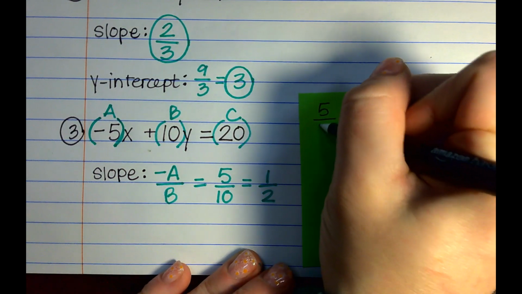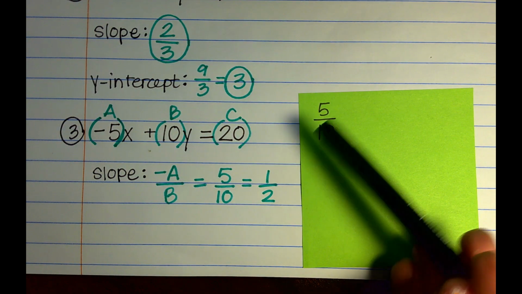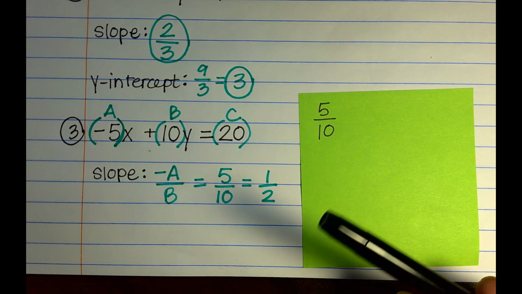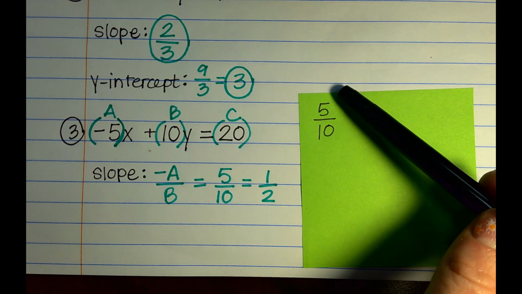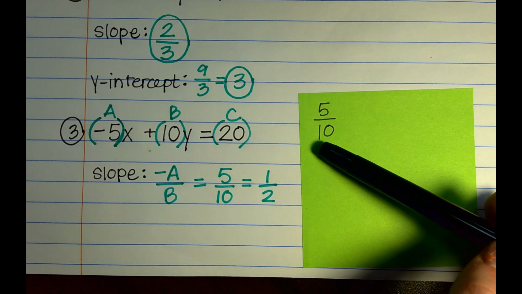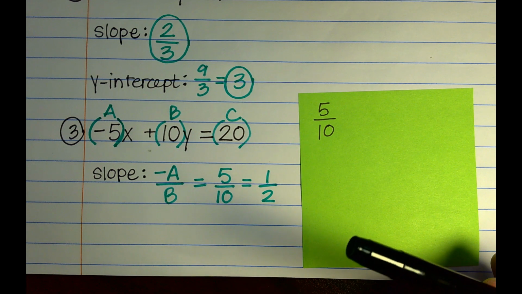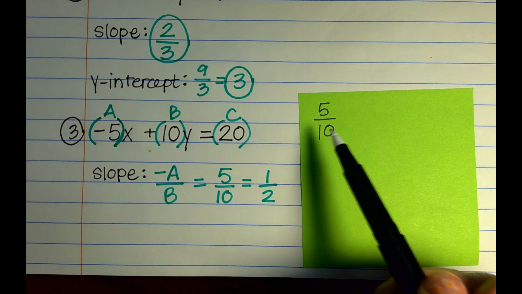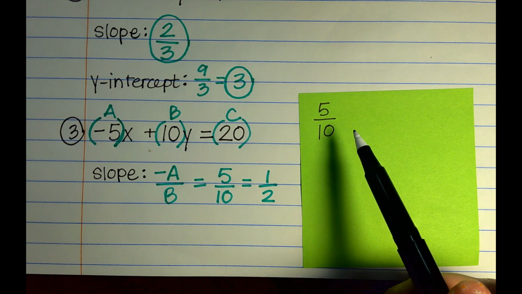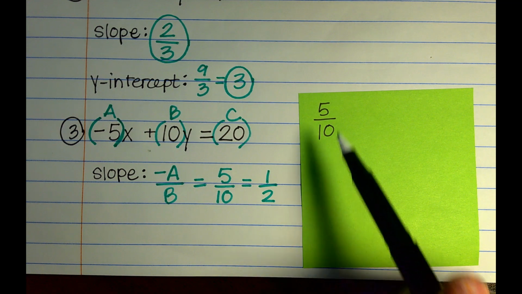5 over 10. Basically, whenever I have a fraction and I want to simplify it, I want to ask myself, can I divide both of these numbers by the same thing? So I always like to start with 2. Can I do 5 divided by 2 and 10 divided by 2? No, I can't. What about 3? No. What about 4?